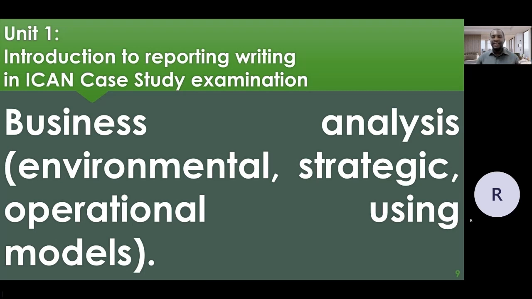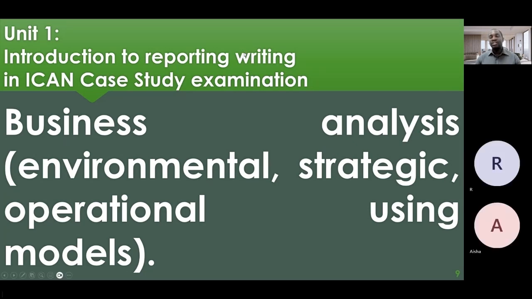So those models, we looked at them in the last 2 classes or last 4 classes. We looked at strategic management tools, about 12 of them. We also look at performance management tools, 5 of them. So you may need to go back to be able to enhance your business analysis skills. If you're not in that class, please go back to the videos.